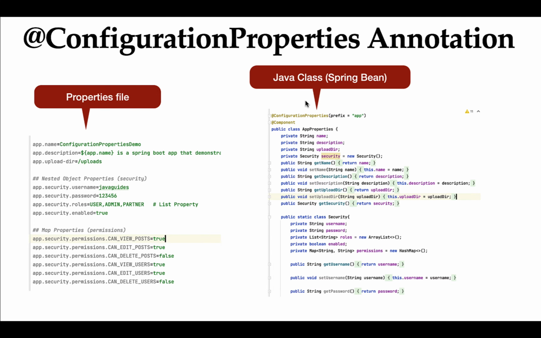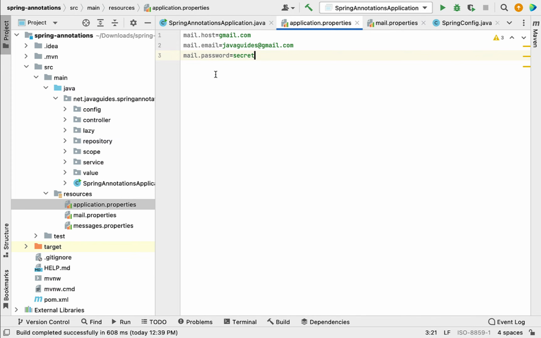Next, let me demonstrate the usage of the @ConfigurationProperties annotation with an example. Let's go to our project in IntelliJ IDEA and open the application.properties file. Within the application.properties file, we are going to define all the properties. Here, let's first define the top level application properties. Just type app.name equal to, let's give the application name something like configuration properties demo.